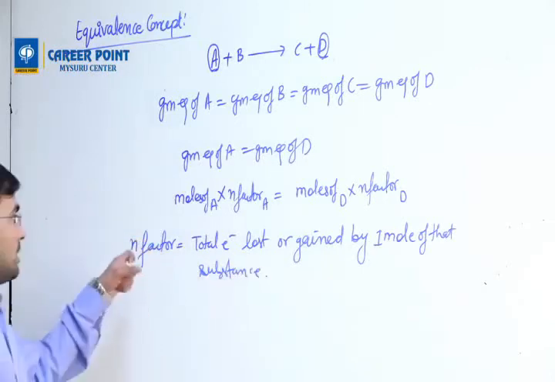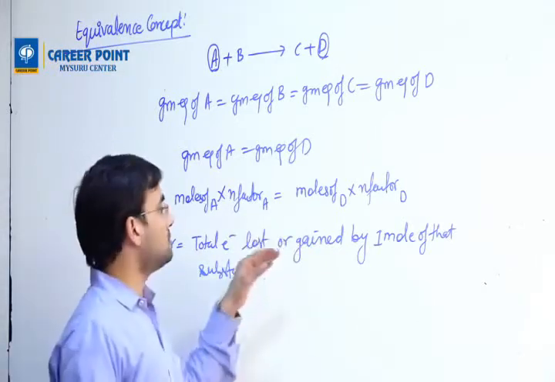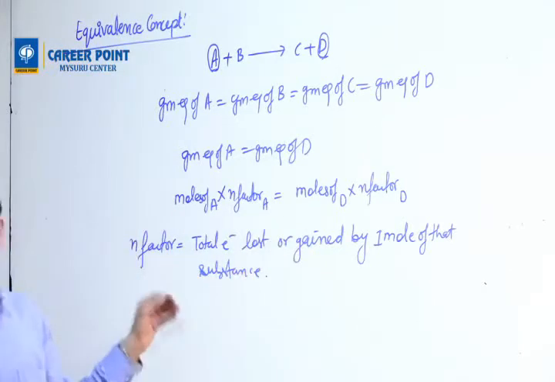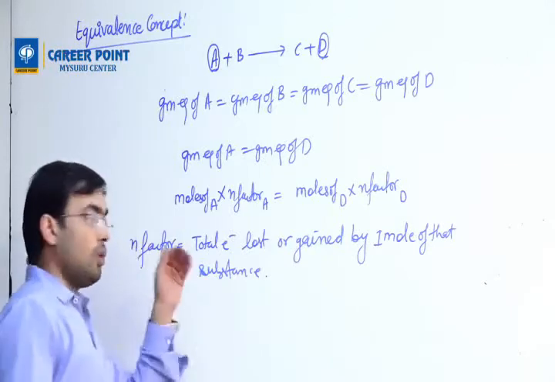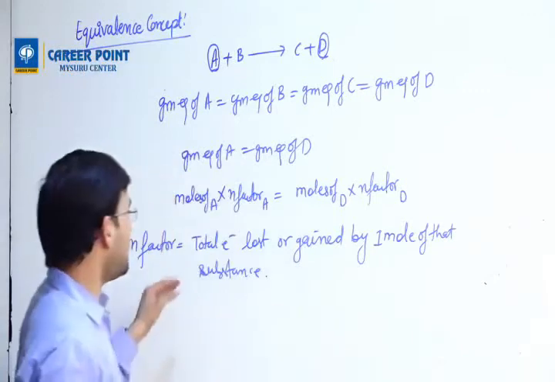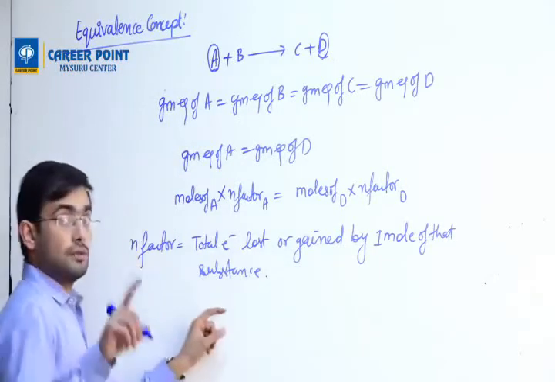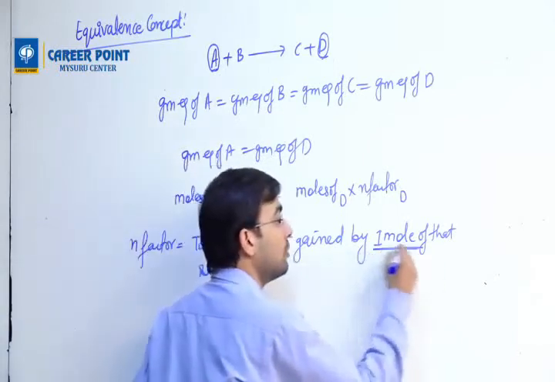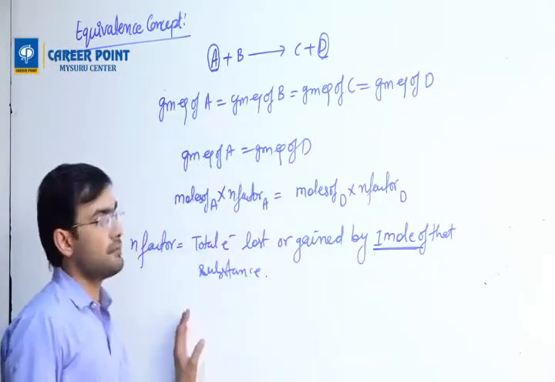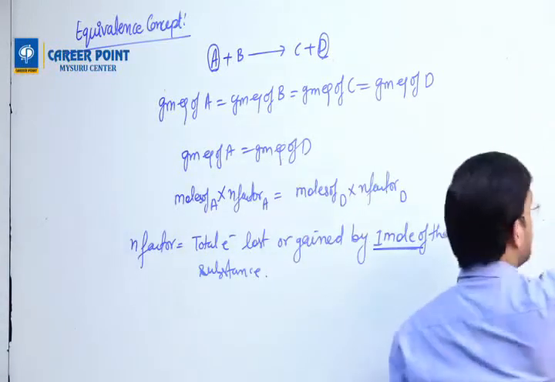Important point: total electron lost or gained by 1 mole of that substance. This is the condition for N factor. The important point is 1 mole of that substance. Okay, now example.